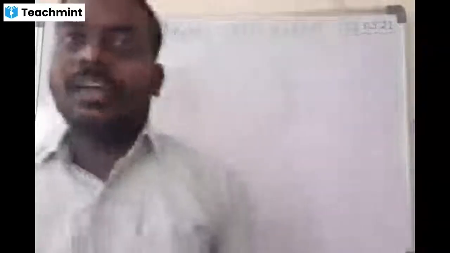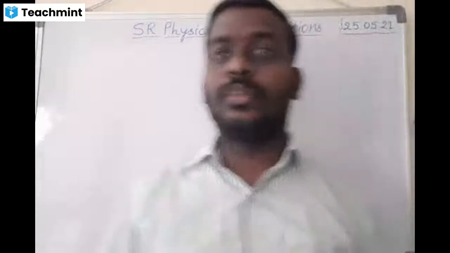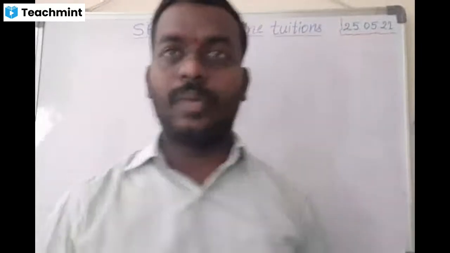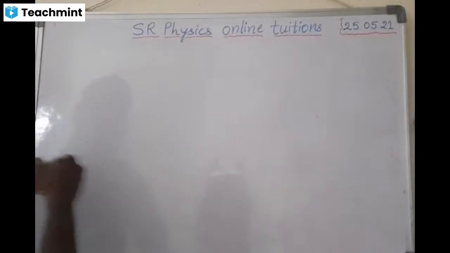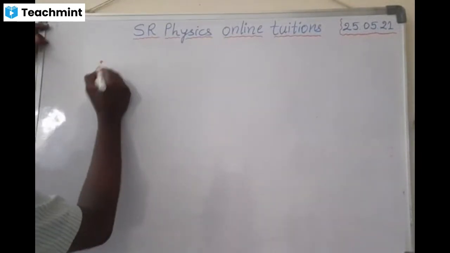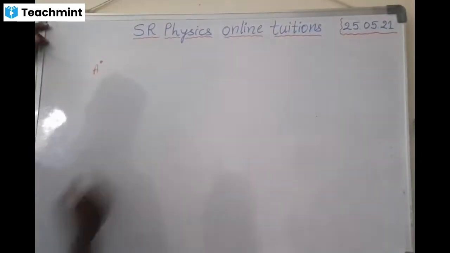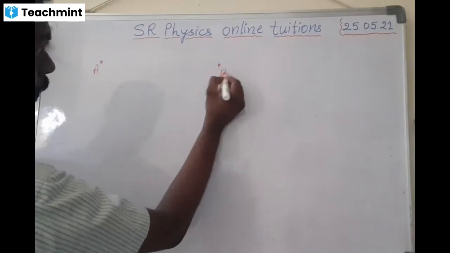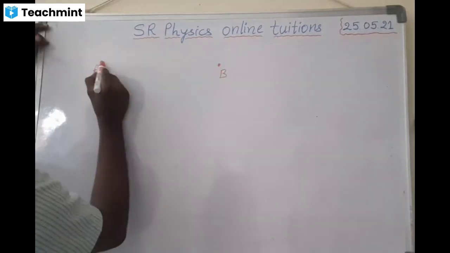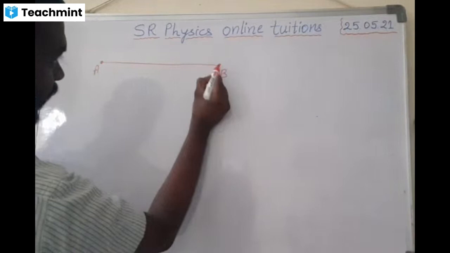Now let us take the same situation to find the second equation of motion. An object starts at A and reaches point B, moving with uniform acceleration.